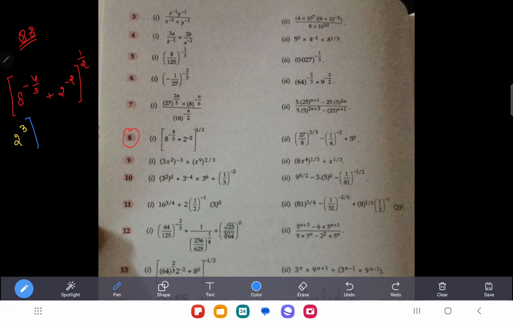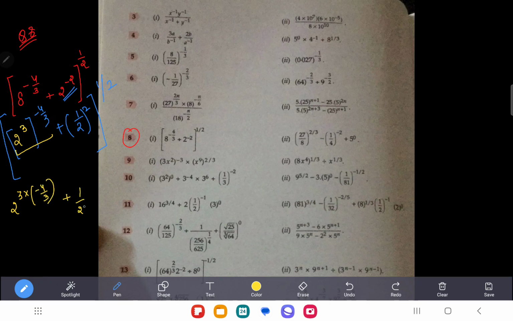So what would I do? I would say 2 cube raised to the power minus 4 over 3. So that's my first blue bracket. Plus this you can solve. You can say 1 over 2 raised to the power 2. You can make it positive and over the power half. So for the first part, it becomes 2 raised to the power 3 times minus 4 over 3, plus 1 over 2 whole square raised to the power half.